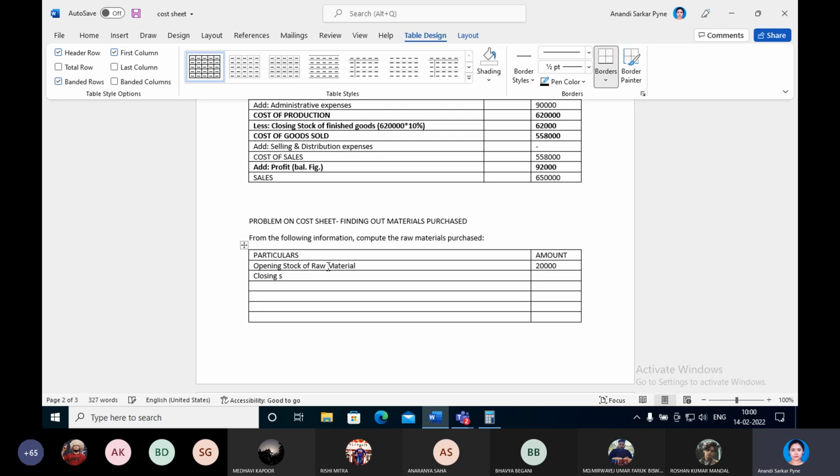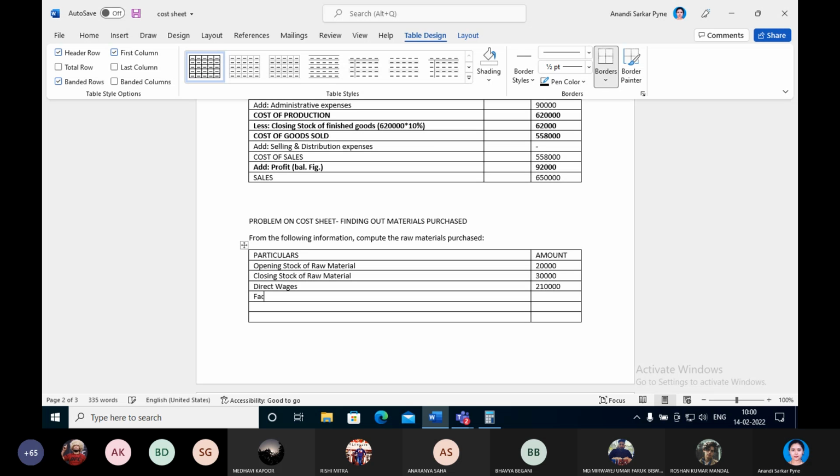Closing stock of raw material, 30,000. Direct wages, 2,10,000.